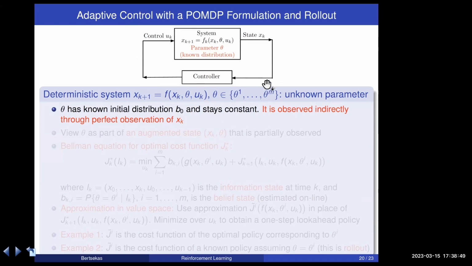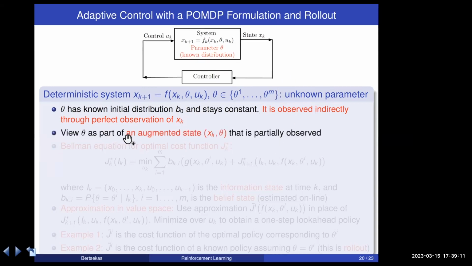Now, how do we formulate this problem as a POMDP? We have the state, it's observed, but then theta is not observed, and there's a belief state, however. There's a posterior estimate of theta, which we can calculate.